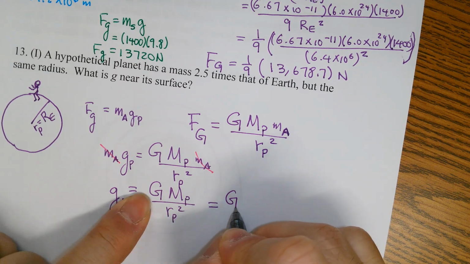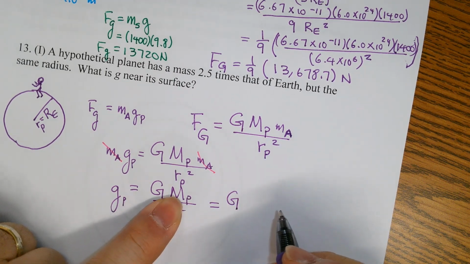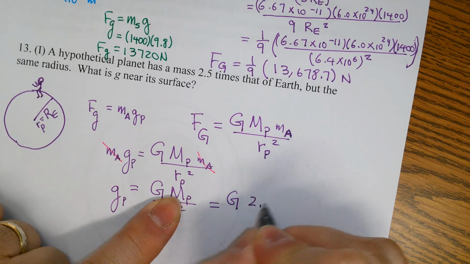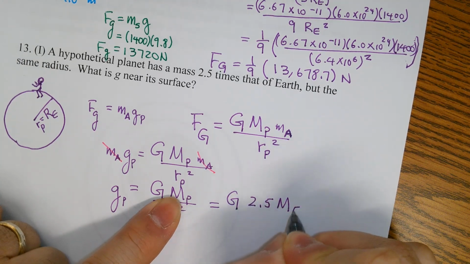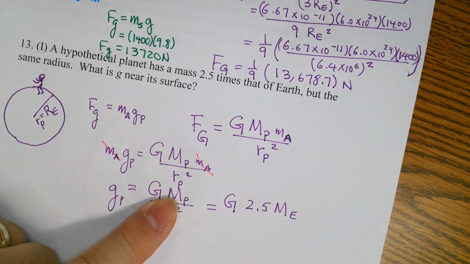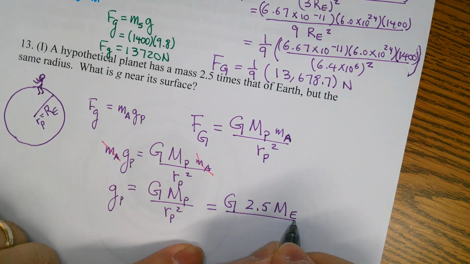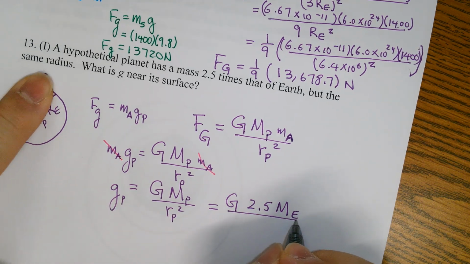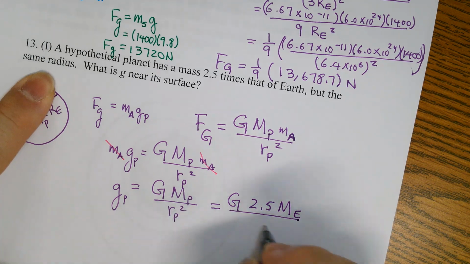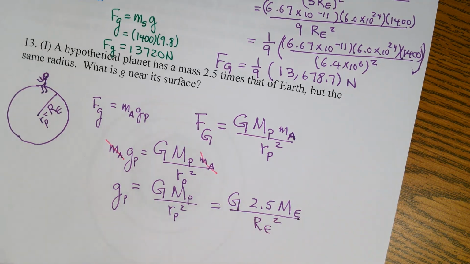But we know G doesn't change, and the mass of the mystery planet is 2.5 times the mass of the Earth. Divide that by the radius of that planet, which is the same as the radius of the Earth, therefore RE.